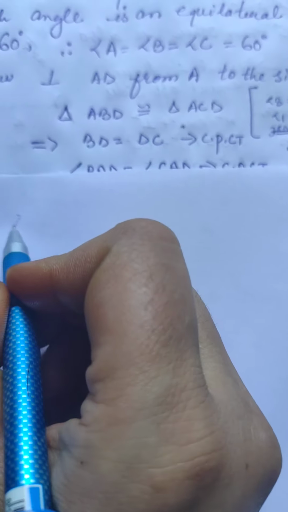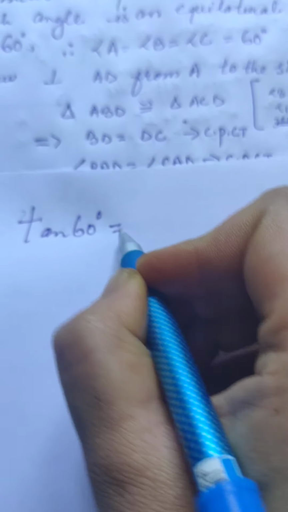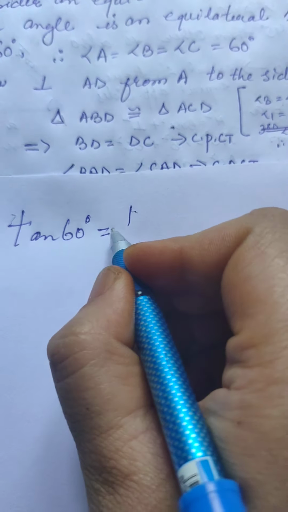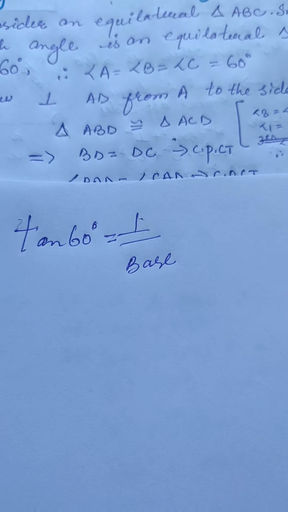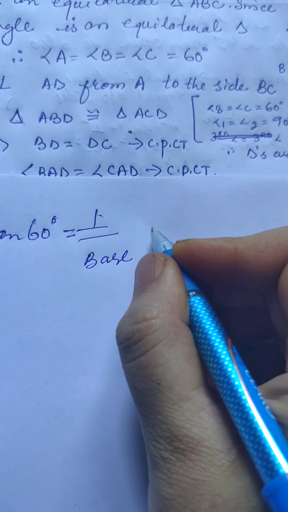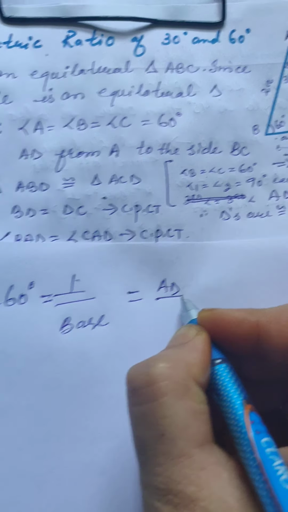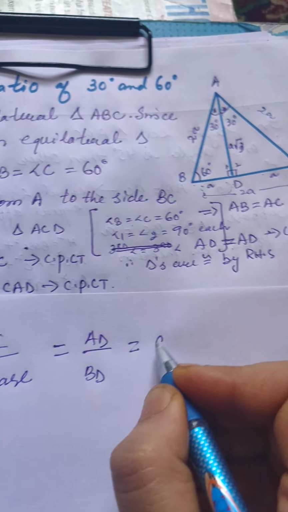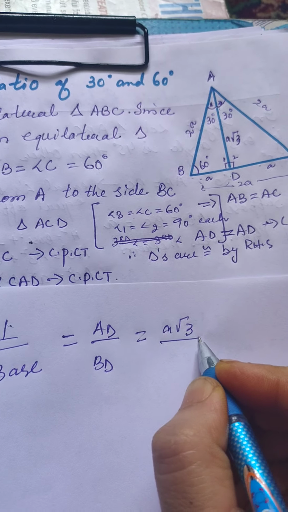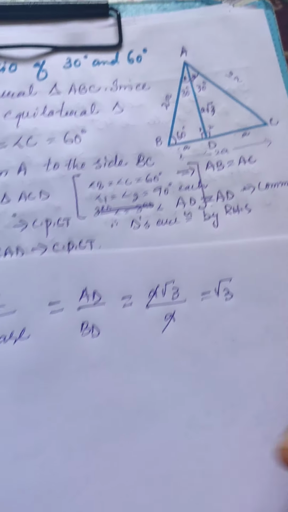Now tan 60. Tan is the ratio of perpendicular by base. The perpendicular is again AD and the base is BD, that means A root 3 by A. A and A cancel, so tan 60 is root 3.